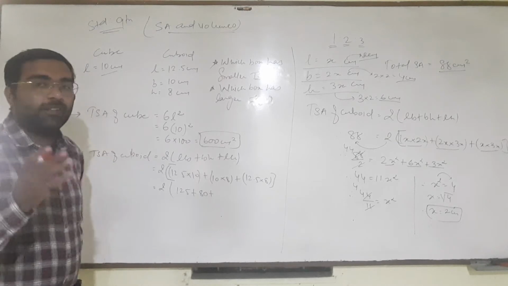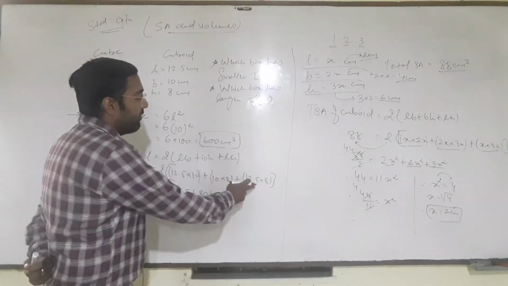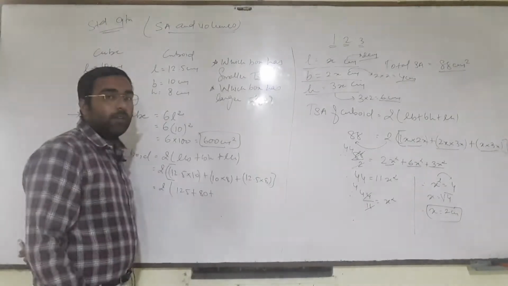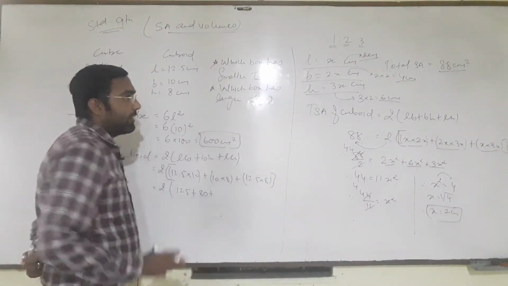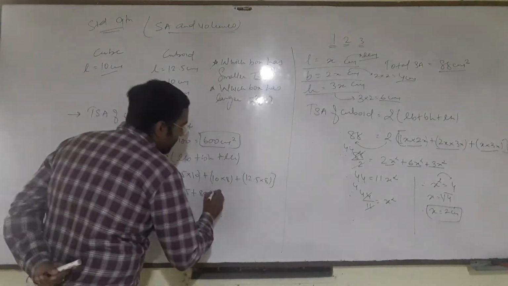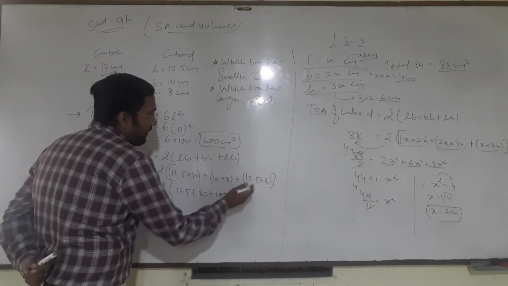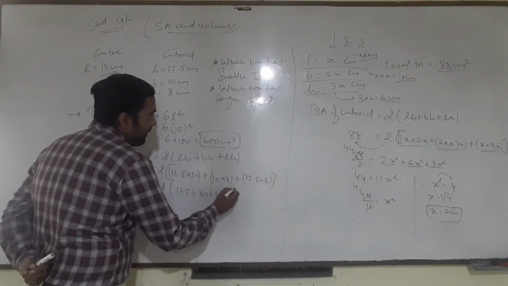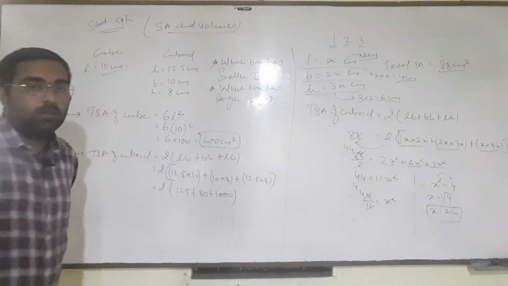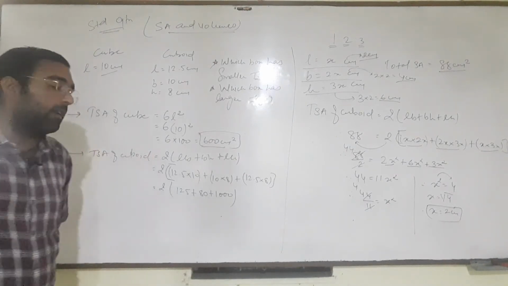Therefore, 125 8s are 1000. So I'll take 1000, and after this one decimal point, that is 100. So 125 into 8 is 1000, and from the last I'll take 1 decimal point, because 12.5 is given.